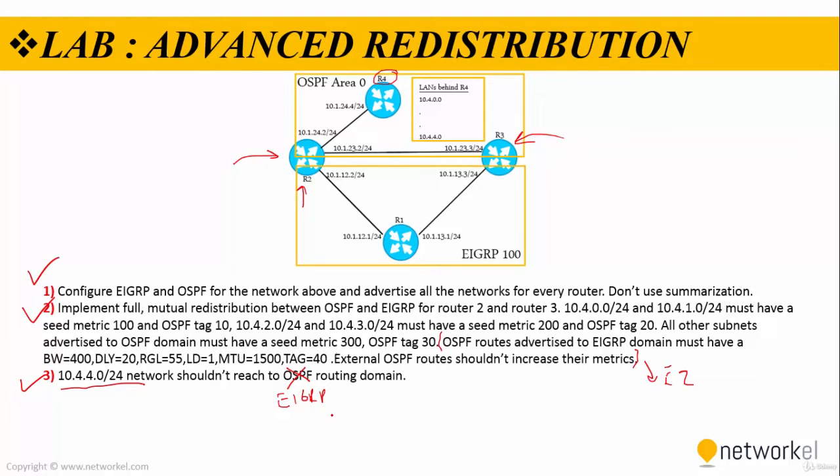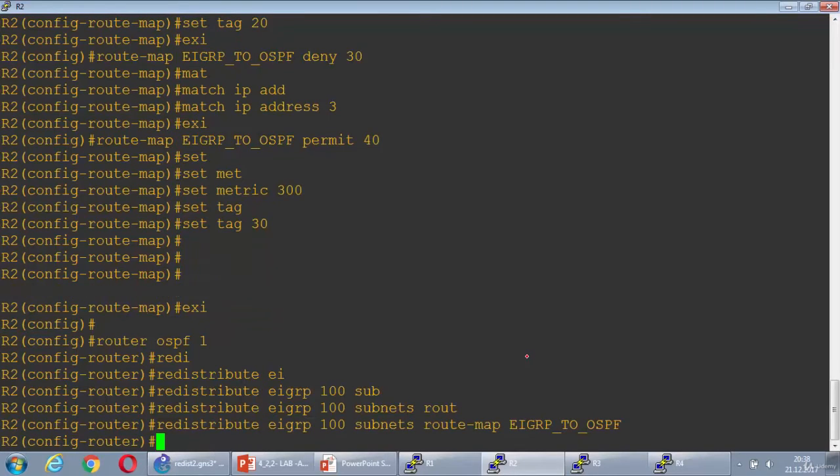EIGRP. Okay. Then what I need to do is define the other redistribution statement. OSPF routes advertised into the EIGRP domain must have these values. Okay. And they're not gonna increase their metrics as well.